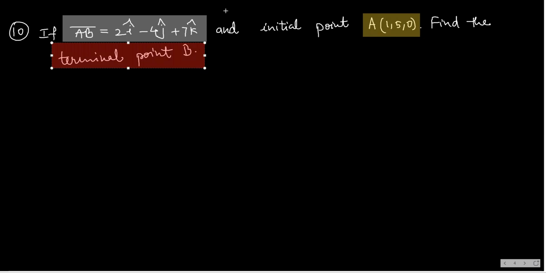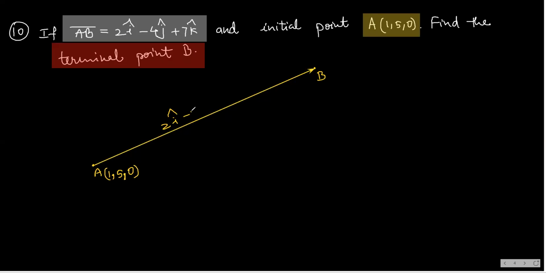This is point A, whose coordinates are 1, 5, and 0. Then this is point B, whose coordinates are unknown. And we know the vector AB bar, that is 2I cap minus 4J cap plus 7K cap.